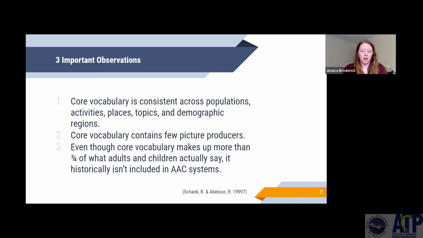If you're thinking about the word same or different or turn or on, those aren't things that really give you good pictures. And so that's been an issue with really implementing and getting core vocabulary going. So that leads me to number 3, is that even though this vocabulary makes up more than 75% of what adults and children say, it really isn't included in AAC systems because it's difficult to represent.